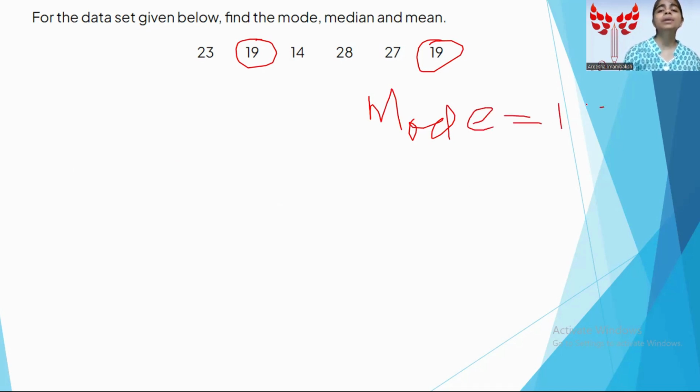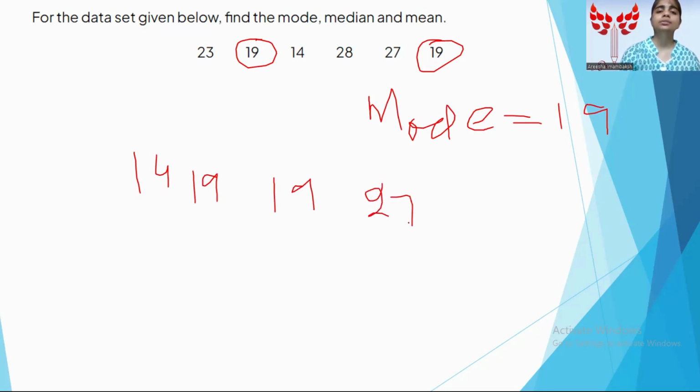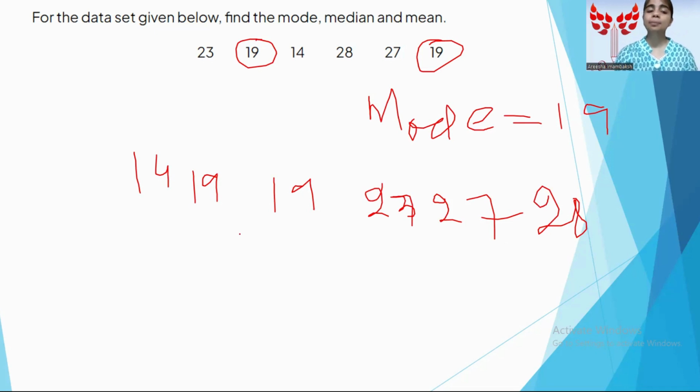And for median we need to organize the values in ascending order. So 14, 19, 19, 23, 27, 28. I think I've written the 6 values. Yes. So (n plus 1) upon 2. Now, n is the number of values, so that is 6. 6 plus 1 upon 2.